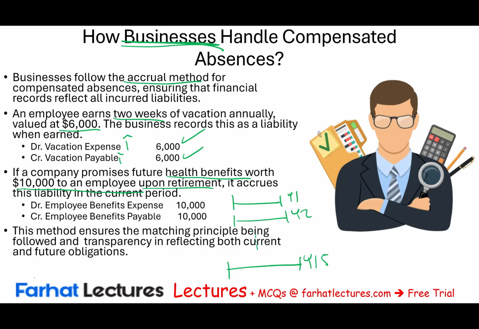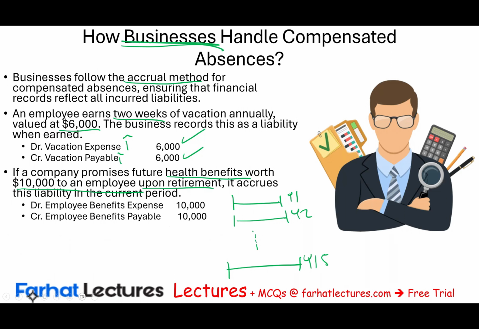So here's what's going to happen. Every year you work for the company, as soon as you're done with year one, the company will have to book $10,000 of expense belonging to year 15 when you retire. So you're working now, but they're booking an expense for 15 years down the road. This is how private businesses do things.